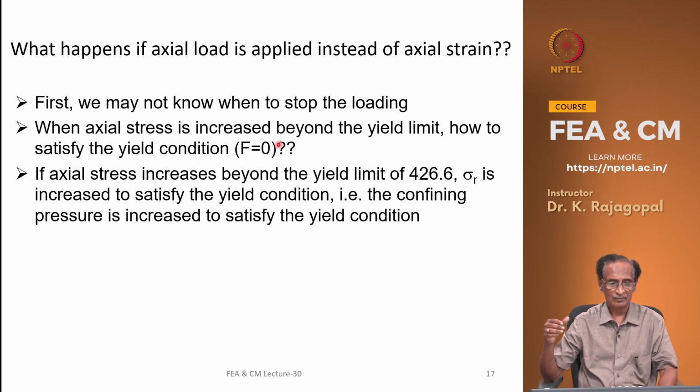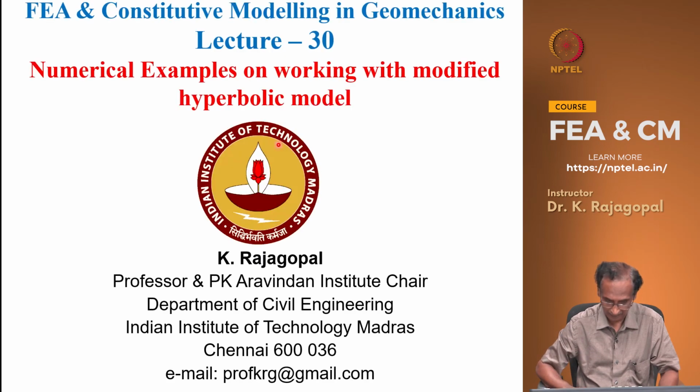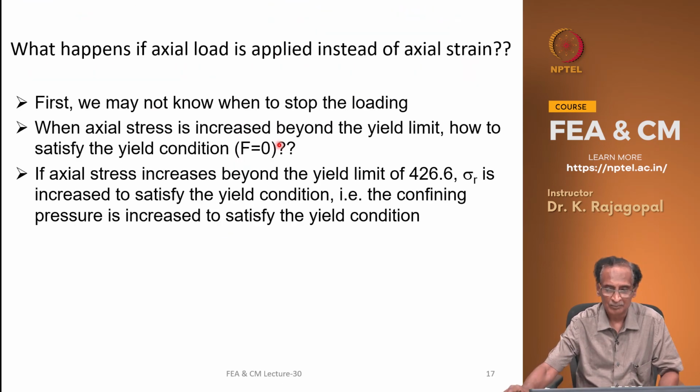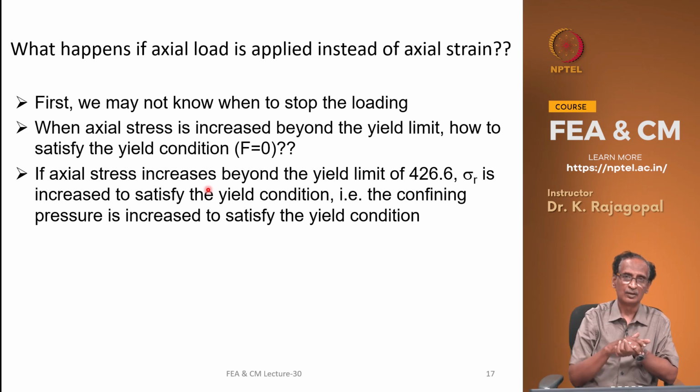and then the F value might cross the yield limit, might become greater than 0, and then what happens? Since you are applying the vertical pressure load, the vertical stress should increase, but then if the vertical stress increases, your yield function value will exceed 0, F will become greater than 0, and then what do we do?